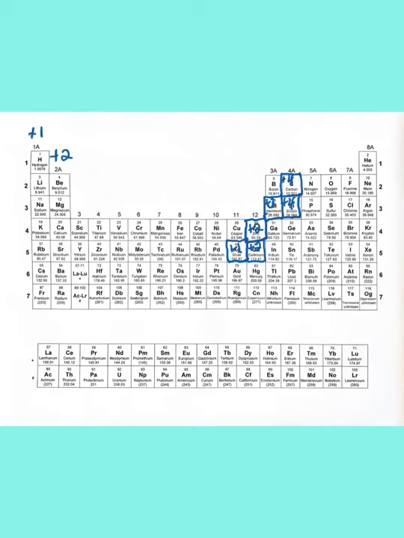In between boron and aluminum, right here, we have what's called the staircase. So you're just going to kind of darken those down here, down here, down here, down here, and then it kind of stops here.